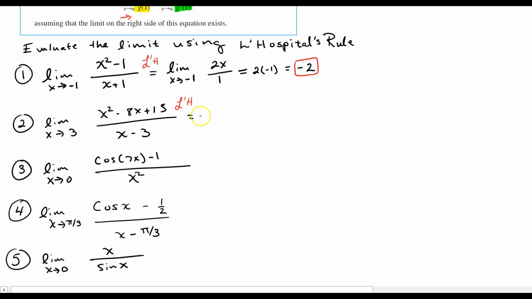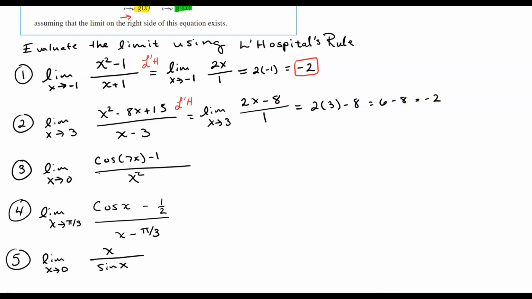Then we take the limit as x approaches 3 of the derivative, which is 2x minus 8 divided by 1. Now we can evaluate the limit, and we get 2 times 3 minus 8, which is 6 minus 8, which is -2. And so there we have our answer.